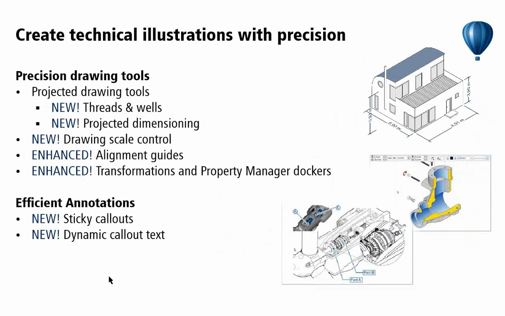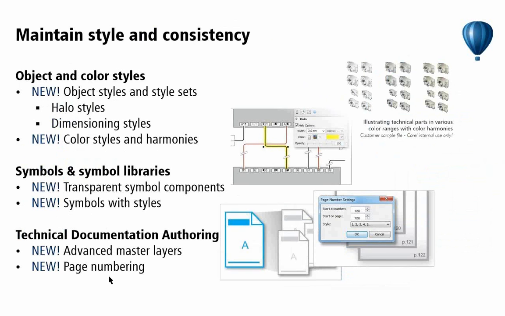Okay, so looking at our time, 8 minutes left for this presentation. There are lots of other new things in CorelDRAW Technical Suite X6. I want to mention a few more. As explained in the beginning of this session, there is a need for maintaining consistency with your layouts, and CorelDRAW Technical Suite X6 provides a lot of features that help this.